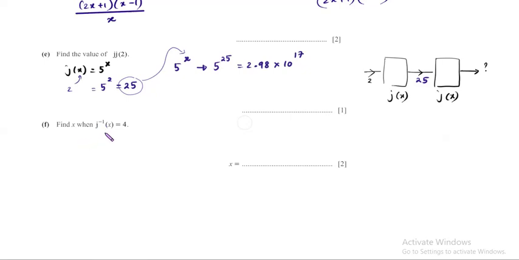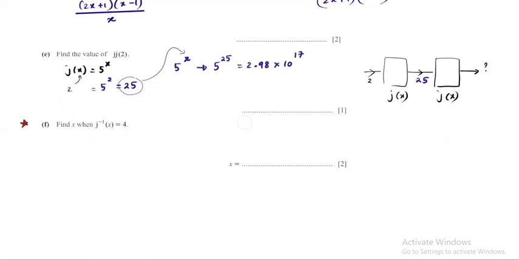Find x when the inverse function of x is equal to 4. This is actually very important because this is somewhat challenging, but this is a very good question that we have here. We need to find what x is when the inverse function is equal to 4.